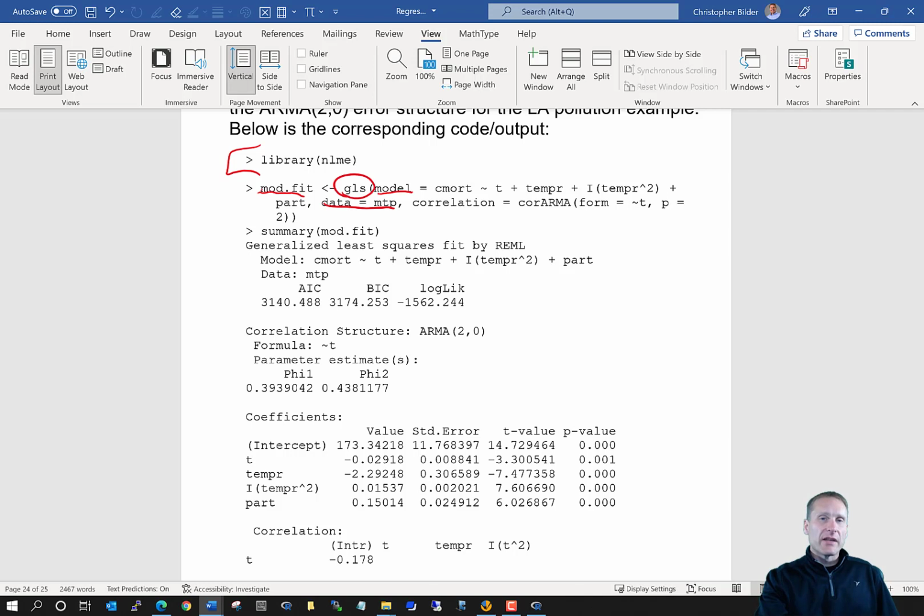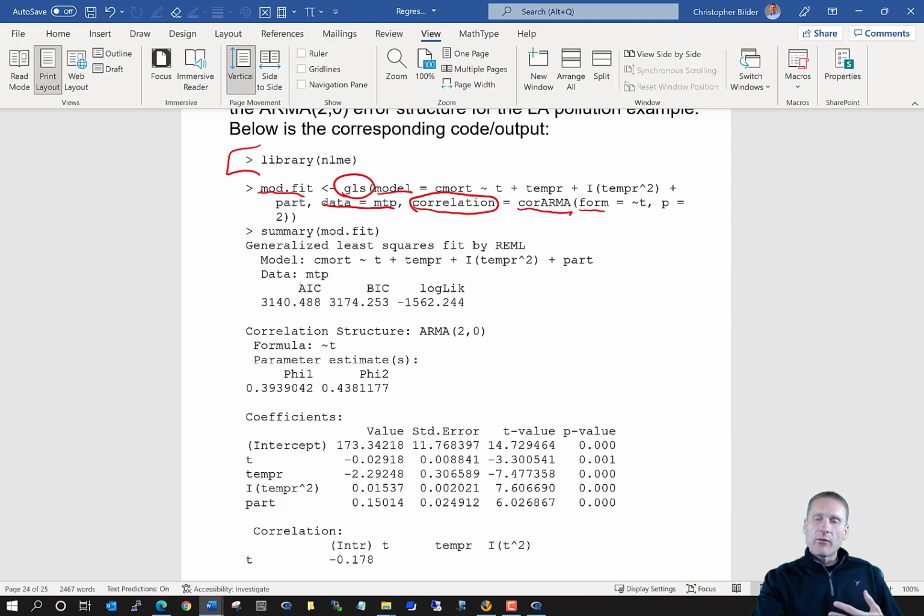My data is mtp, and then this is how I can specify the correlation structure for the corresponding error terms. I have an argument called correlation, and I want to use an ARMA model.